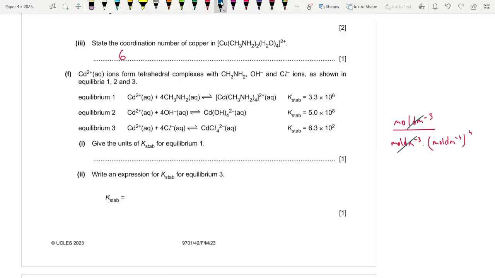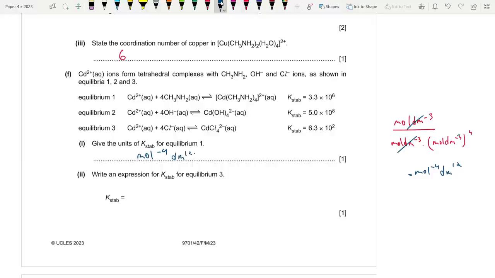So we can get rid of these, and we end up with mol^-4 dm^12. Sorry, 3 fours are 12, my bad, dm^12. So that's mol^-4 dm^12. Let's go.